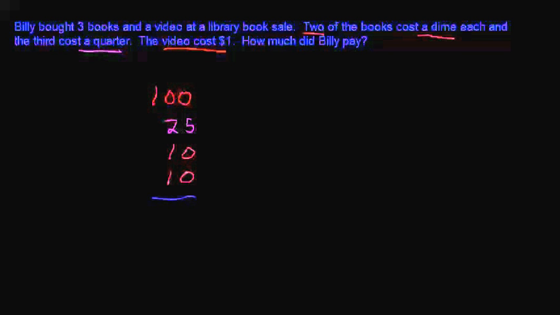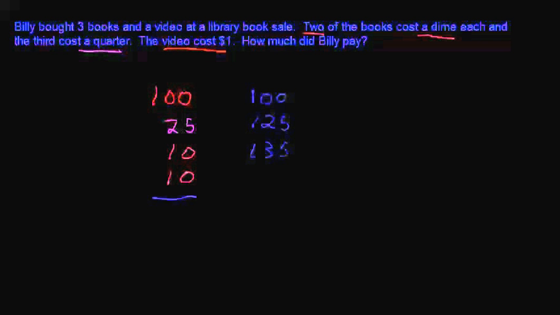So again, let's skip count. We start at 100. We skip count by 25. That gets us to 125. We skip count by 10. That gets us to $1.35.